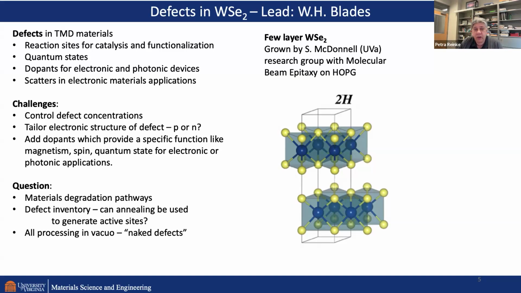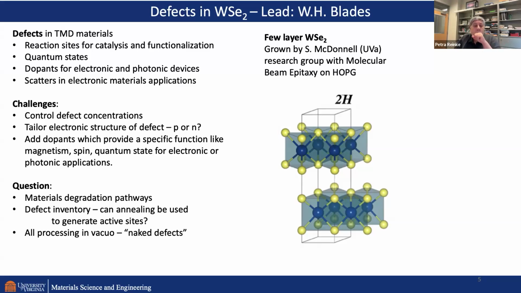Also, that is very tricky because you need a very specific type of defect to create the energy levels which are relevant for quantum states. Defects can serve as dopants for electronic as well as photonic devices, but they're also detrimental, like always, for electronic transport, electronic properties of materials.